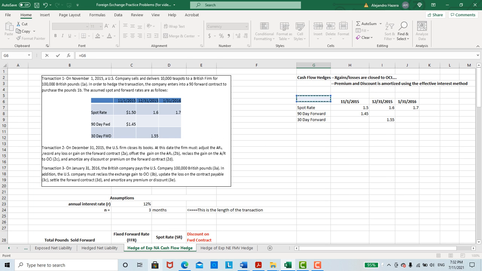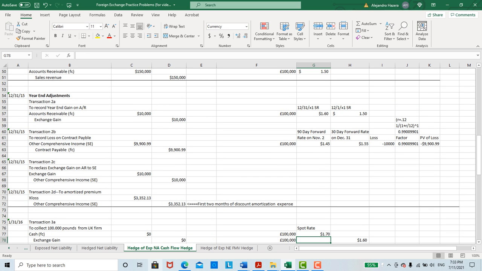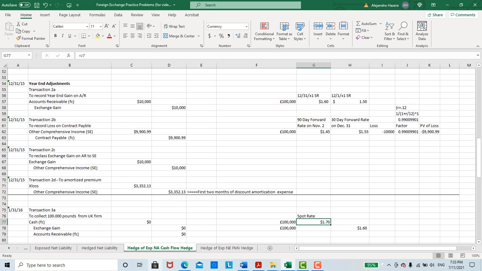Spot rate at January 31/16 is $1.70 at the spot rate. Okay, and we'll use the same spot rate right there. And then this number here was the last amount that we adjusted the accounts receivable to, which is basically that number right there. It's just exactly like we did.